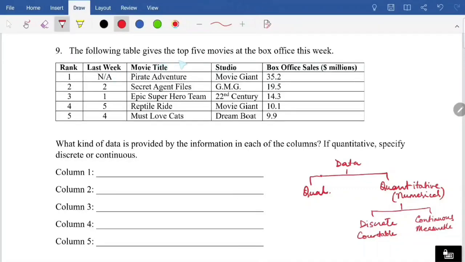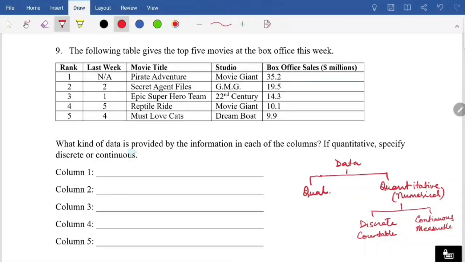So the following table gives the top 5 movies at the box office this week. And the first column is rank, and the next one is what the rank was last week. Then we have the movie title, then we have the studio, or the name of the producing studio, and then box office sales in millions of dollars. All right, it's not $35.2, it's $35.2 million, right?